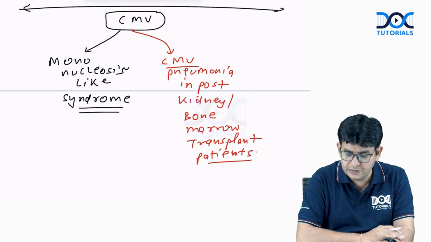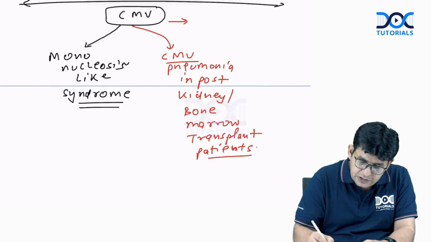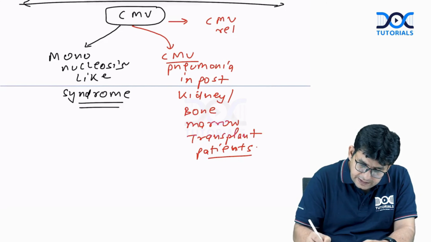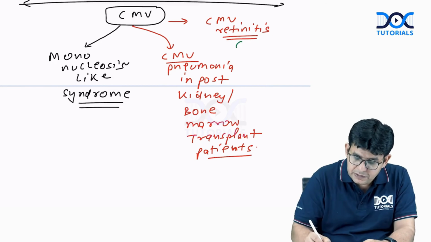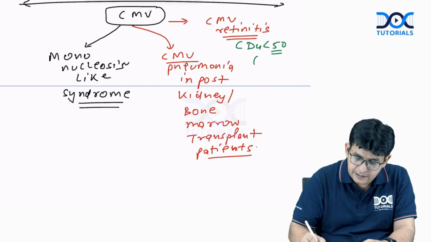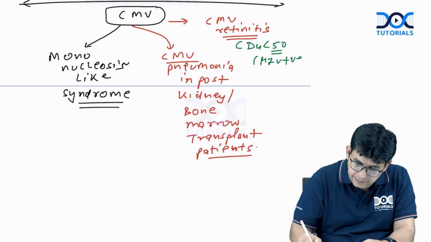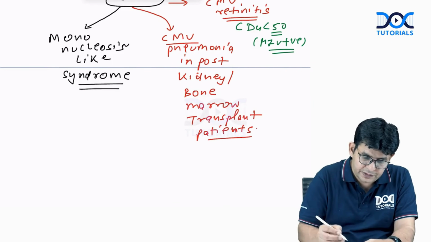In whom? In post kidney and bone marrow transplant patients. CMV also associates with CMV retinitis. And this particular CMV retinitis happens to those whose CD4 count is less than 50 in HIV positive individuals. Okay, in HIV positive individuals.